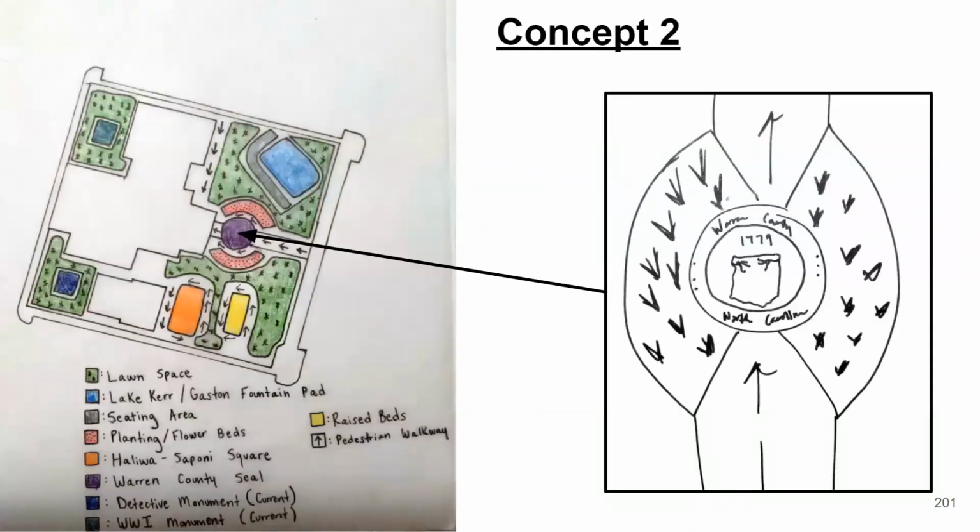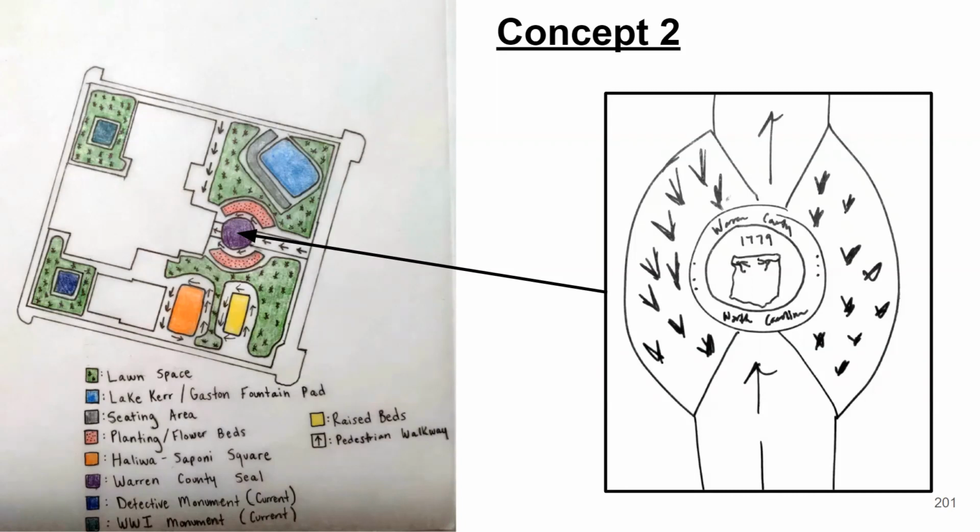In my second concept, I wanted to focus on the natural resources of Warren County. Lake Kerr and Lake Gaston are very prominent water sources in Warren County, and a lot of the wealth is surrounding those areas. So I decided to create a splash pad in the shape of the outlines of Lake Kerr and Lake Gaston that intersect into Warren County's county limits.